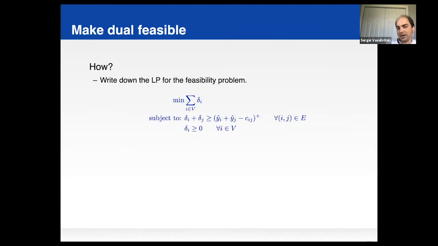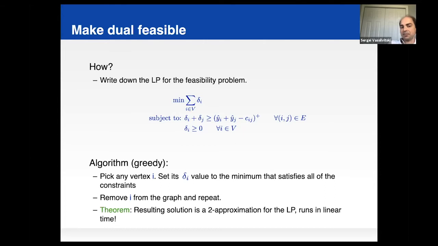So how do we make the dual feasible? You can write down the LP for the actual problem that we're trying to solve here. And again, what are you trying to do? We're trying to minimize the values, these offsets, deltas, subject to the constraint that they should cover how much I am over on any particular edge. So this is a relatively simple thing to write down. And if you think about this for a second, there's a really simple greedy algorithm.